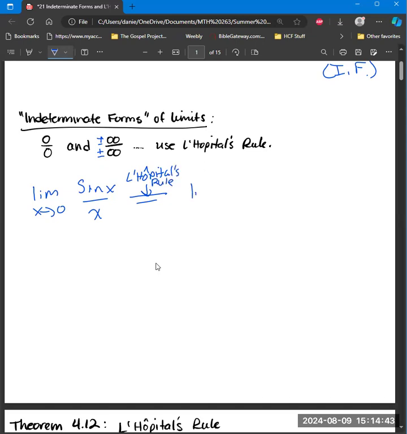We take the limit as x goes to 0 of the derivative with respect to x of sine x over the derivative with respect to x of x. It's going to be the limit as x goes to 0 of cosine of x over 1, which is going to be 1 because cosine of 0 is 1.